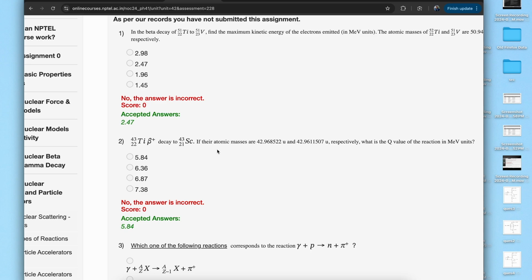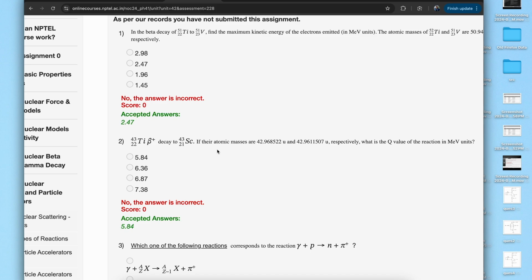Similarly, for the mass of y you will have the same thing. I need some more space to write. So this is the mass of x.